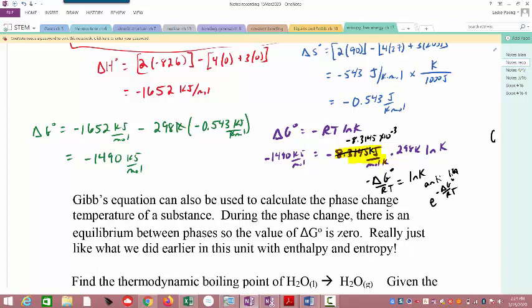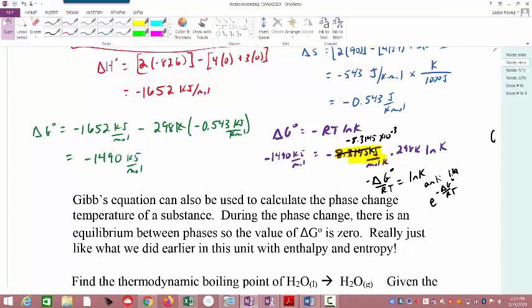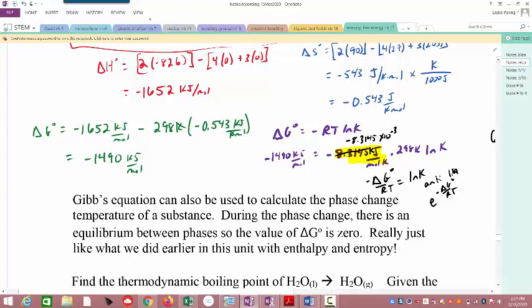Okay. We can also use this to calculate a phase change. At a phase change, we have an equilibrium between phases, so delta G naught is 0.